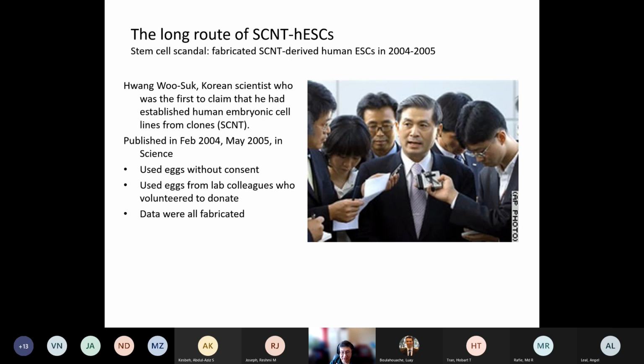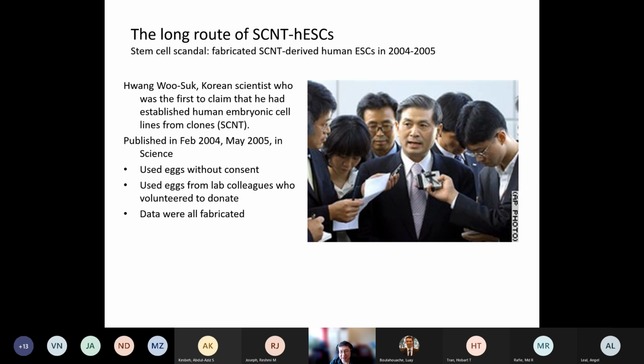If you're interested, check out this scandal, because later on it was proved he didn't. He just mixed some pluripotent stem cells, most likely mouse embryonic stem cells, into his preparation, so he could show pluripotency. He could show chimeras and such, what you have already learned. It's a fabricated result, but it's a famous scandal.